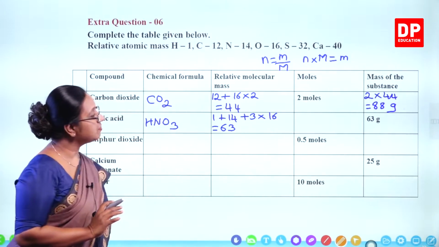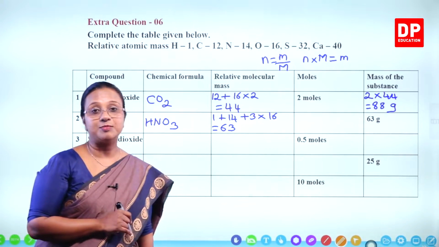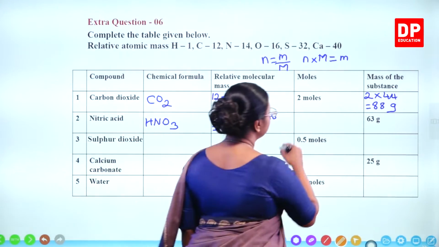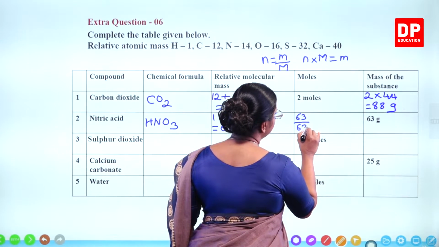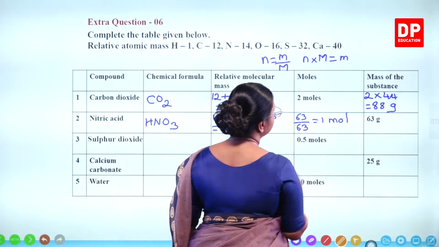That is the relative molecular mass. Then there are 63 grams. So just by looking at the value, you know it has to be 1 mole. But here you have to show the working. 63 divided by 63. So that is going to be 1 mole.